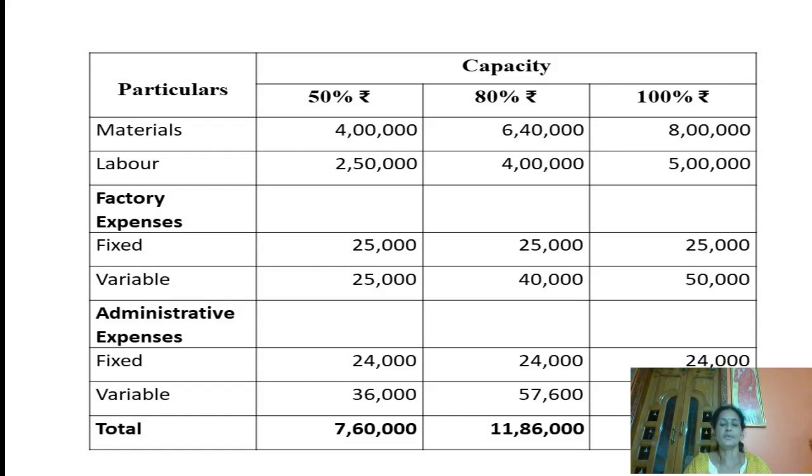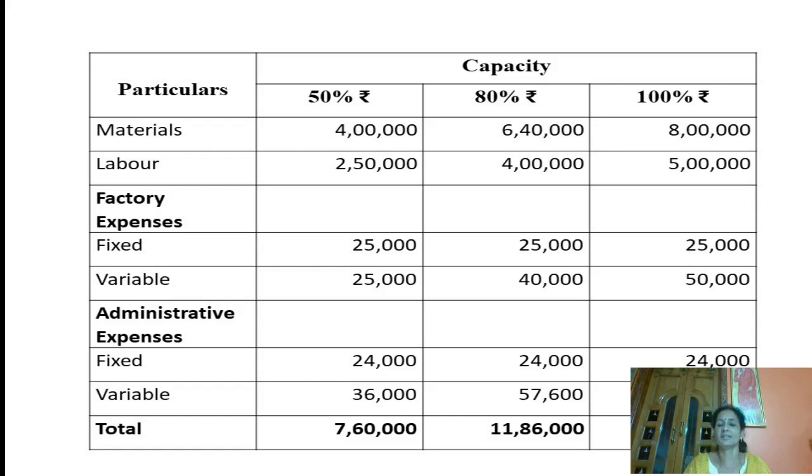Now how are you going to calculate for 80%? Same as you calculated in the previous problem. Cross multiplication. For 50% the amount is 36,000. For 80% how much? So 36,000 into 80 divided by 50, you will get 57,600.